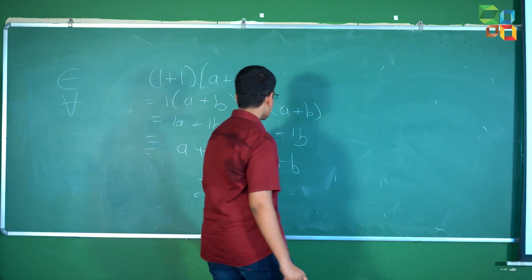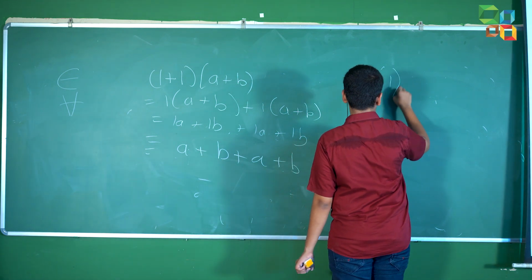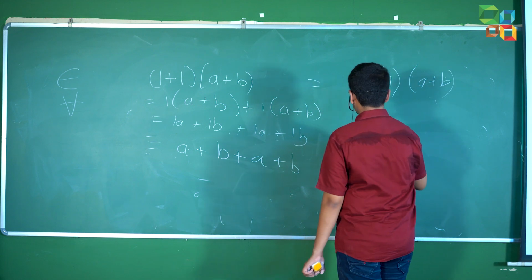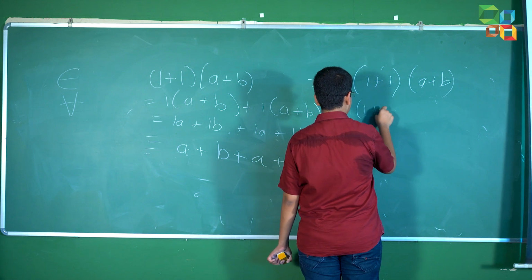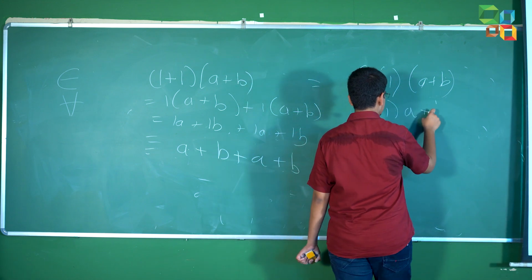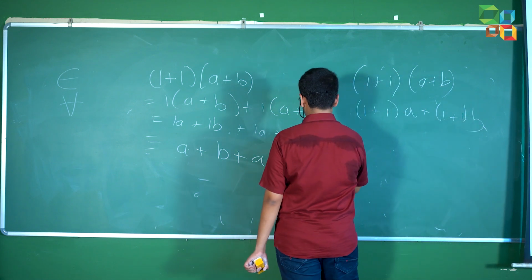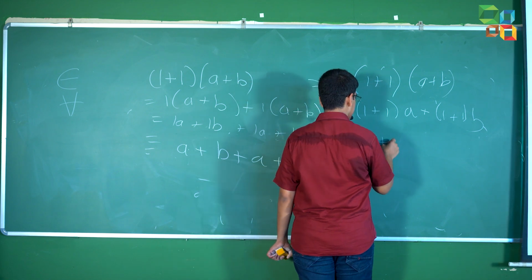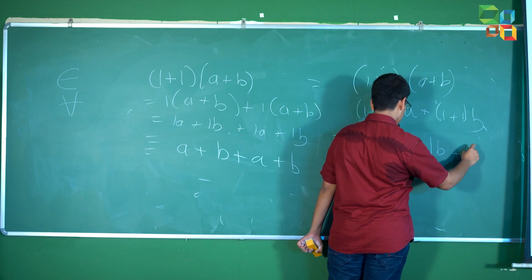Now on the other side, we'll take 1 plus 1 into A plus B again. These are equal. So now we'll distribute it like this: 1 plus 1 into A plus 1 plus 1 into B. Now you get 1A plus 1A plus 1B plus 1B.